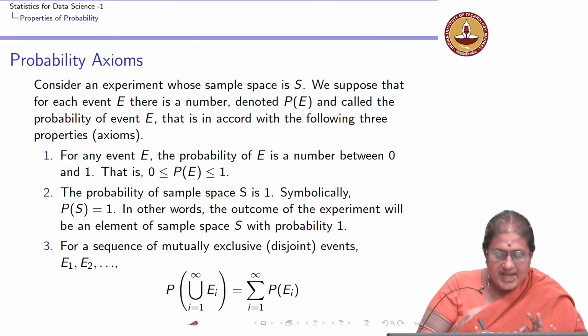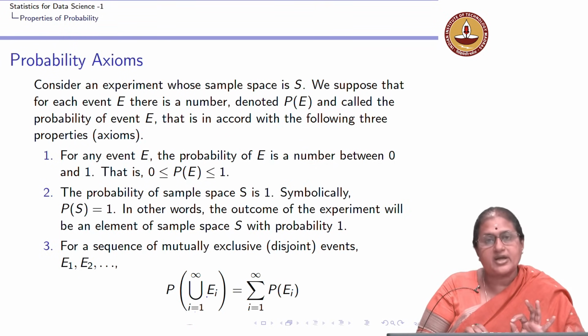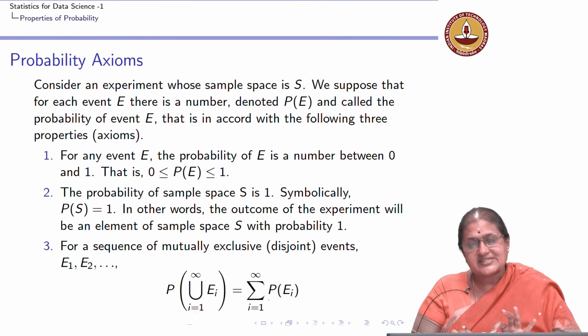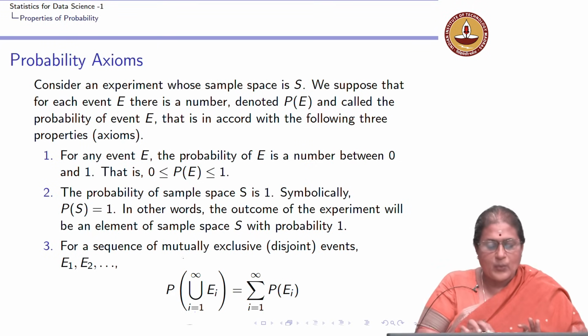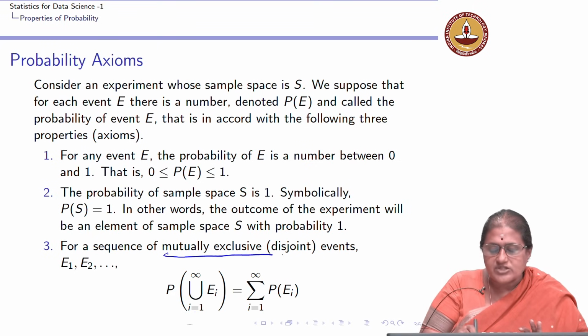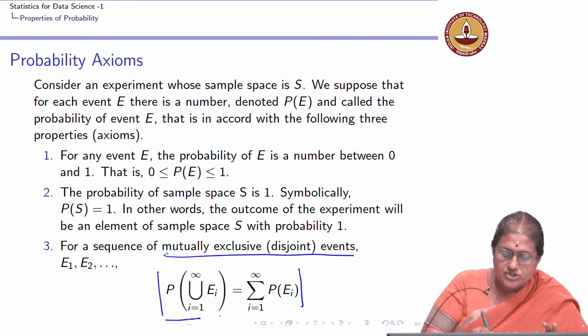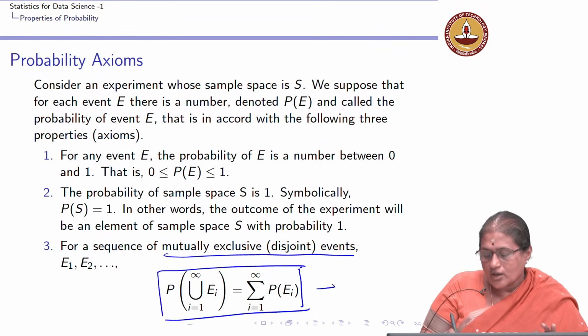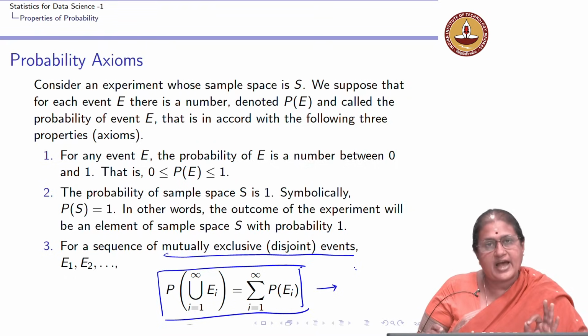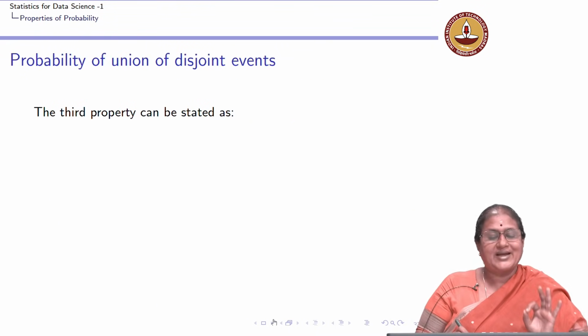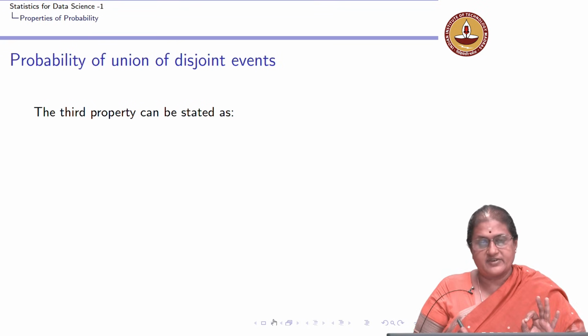So, what this axiom says is the probability of the union is the sum of the probabilities when I look at a sequence of mutually exclusive events. This is crucial for us to understand: it tells us what happens if I have mutually disjoint events.